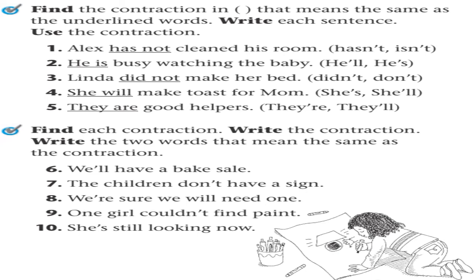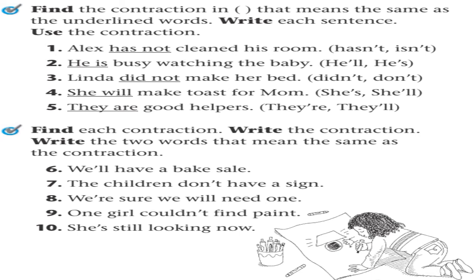Number 6, we'll have a bake sale. What's the contraction here? Find it and return it back to be two complete words. Number 7, the children don't have a sign. What's the contraction and what are the two words that give the same meaning?